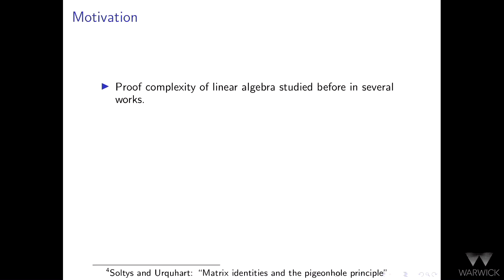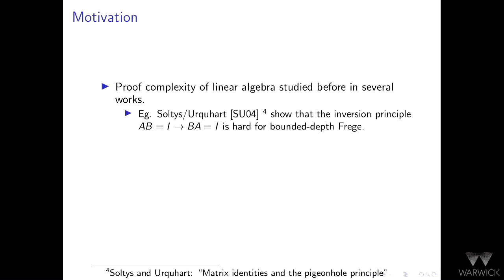So this is maybe not so new, because in several works the proof complexity of linear algebra has already been studied, and one such example is this work by Soltys and Urquhart that shows that the inversion principle, which is the theorem that if you have two matrices satisfying A times B equals the identity, then B times A is equal to the identity, then an encoding of this principle using Boolean variables is hard for the bounded depth Frege system.